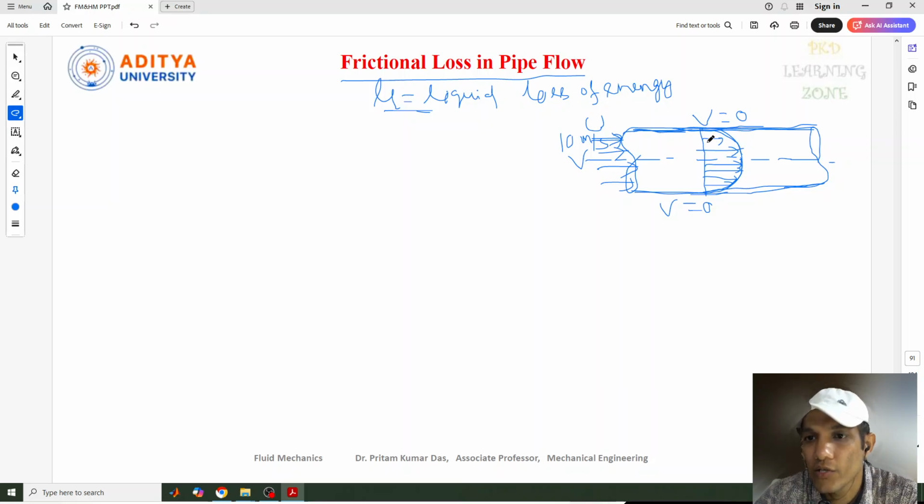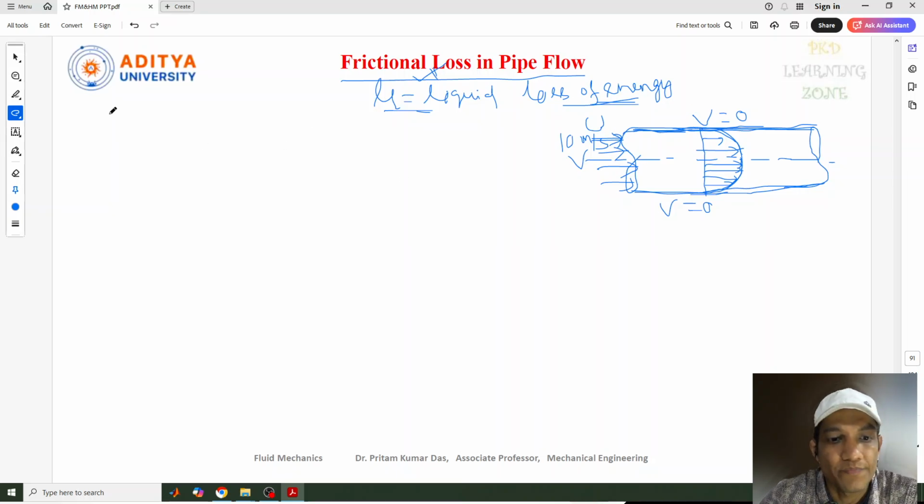Here it is 0, here it is 1, 2, 3, like that. So there is a decrement of velocity in the liquid when it is entering into the pipe flow. That's why it is called the loss of energy. And this loss of energy due to the viscosity is known as the frictional loss in the pipe flow.